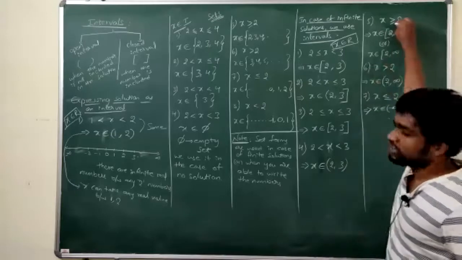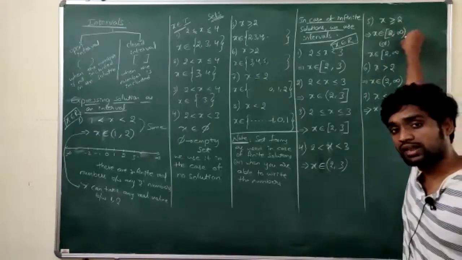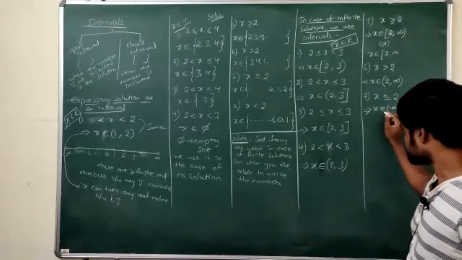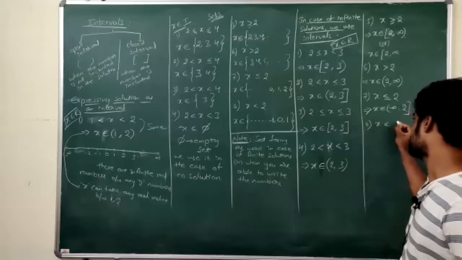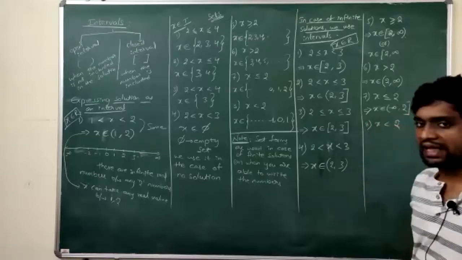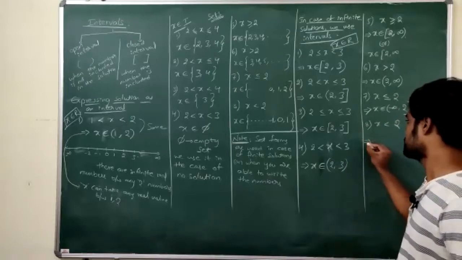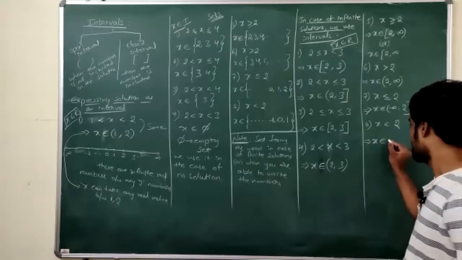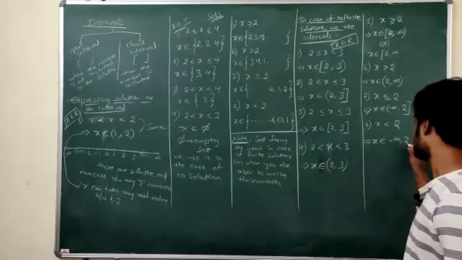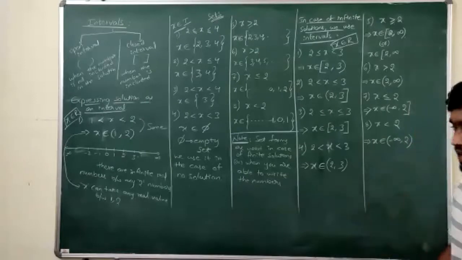So, when there is only greater than, x values can range till infinity. Now, when there is only less than, observe this, x less than 2. X is less than 2. X belongs to minus infinity comma 2, with 2 open.